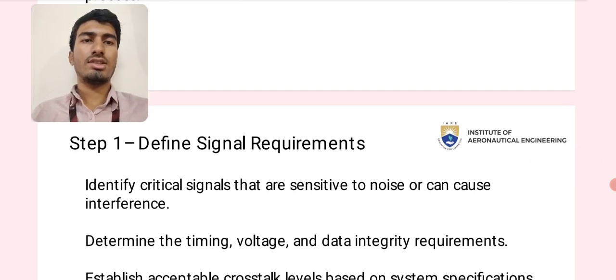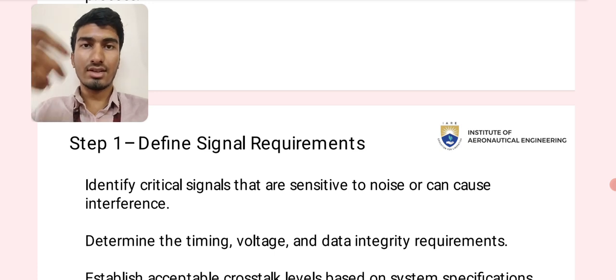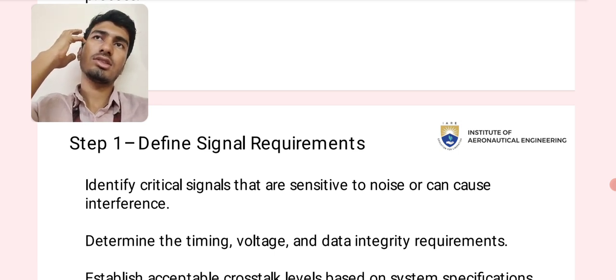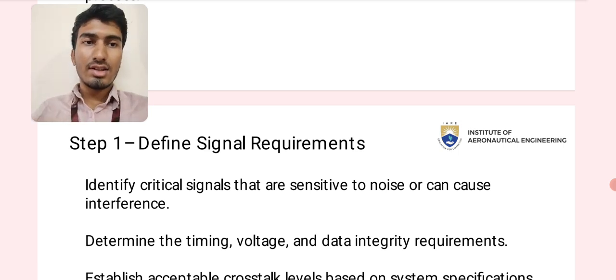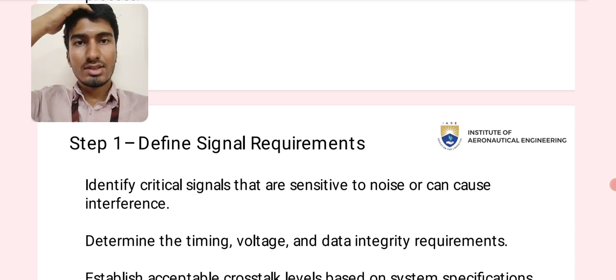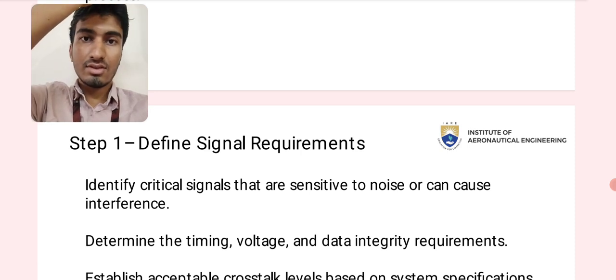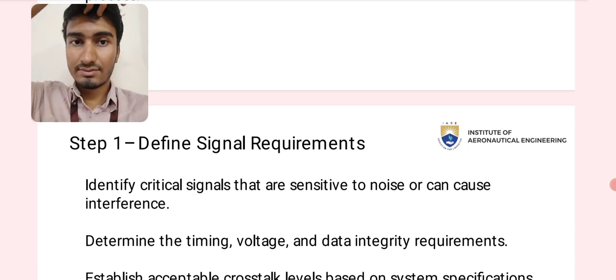Define signal requirements. Identify critical signals that are sensitive to noise or can cause interference. Signals can be interfered with by other signals, like radio signals and phone signals, sometimes because two of them are of the same frequency.